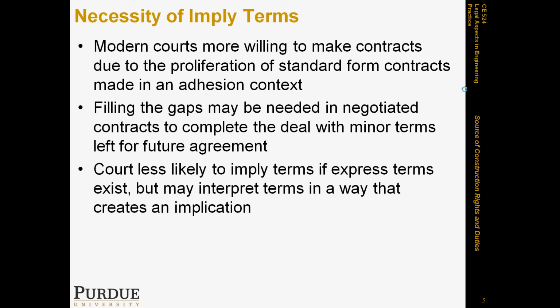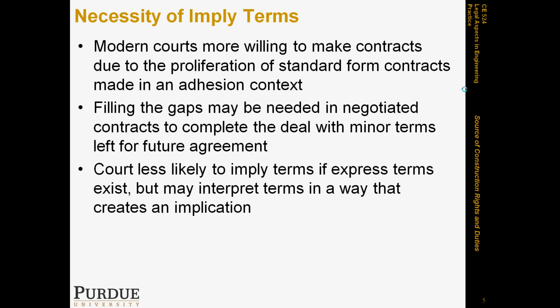Many courts are going to be less likely to employ terms if any express terms exist. So if something fills the gap from within the contract, they are going to interpret those terms in a way that creates an implication or implies the gap. If it's possible to fill the gap from within, even by way of interpretation, the gap will be filled from the contract itself.